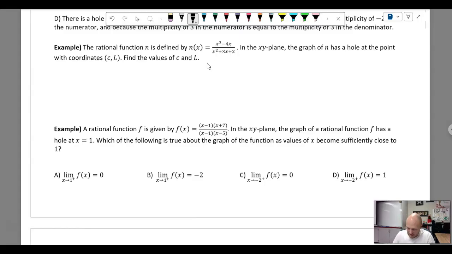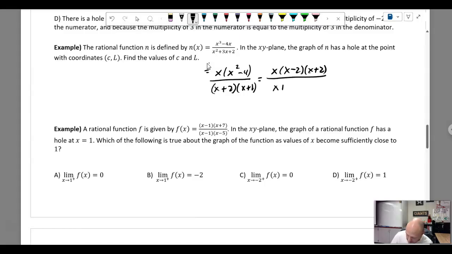Again, what you need to do with these functions is you need to factor. So I'm going to take out a factor of x in the numerator, and in the denominator we have x plus 2, x plus 1, and we can go further with our factorization in the numerator, and we get x times x minus 2 times x plus 2 all over x plus 2 and x plus 1.